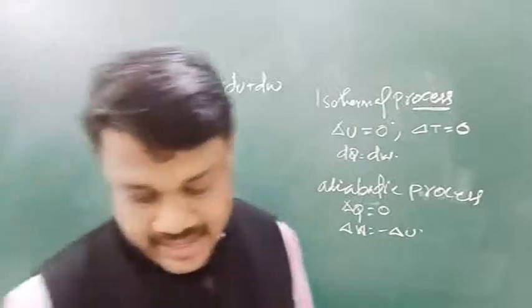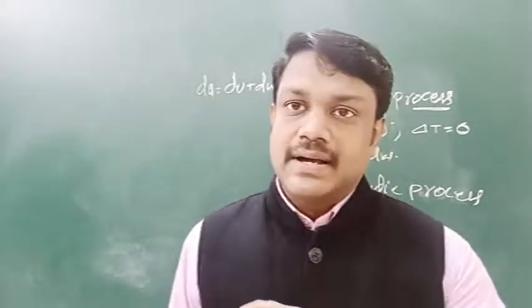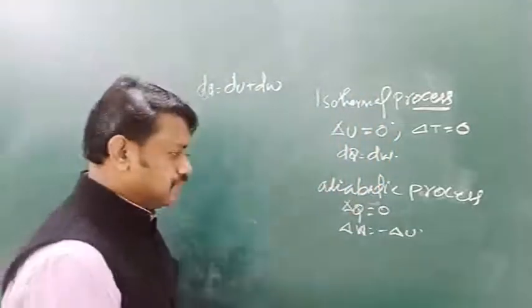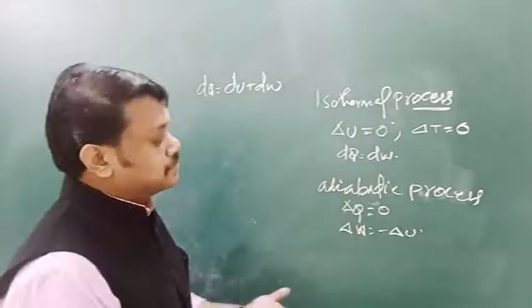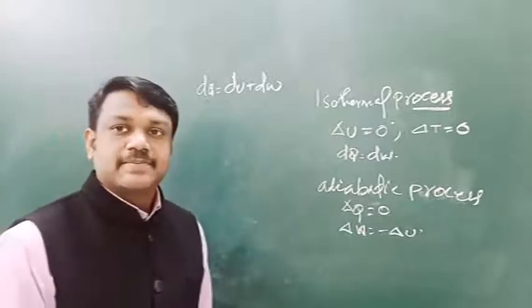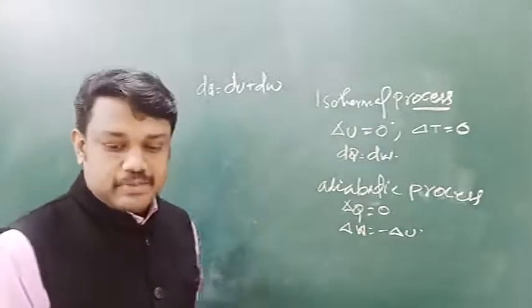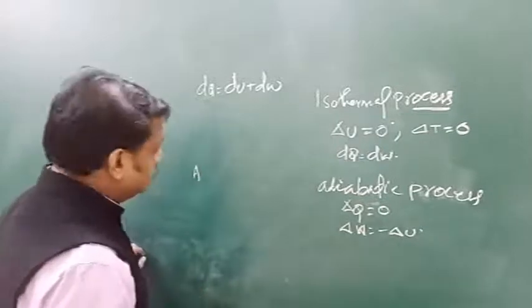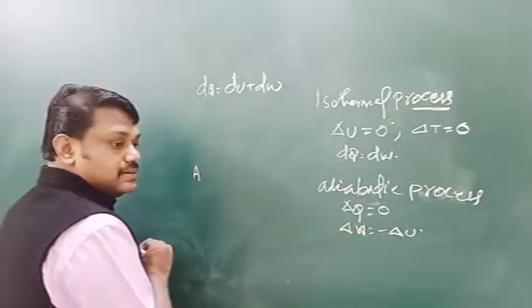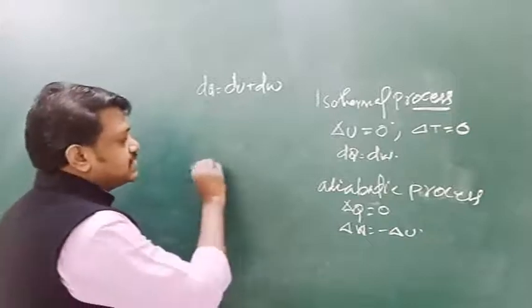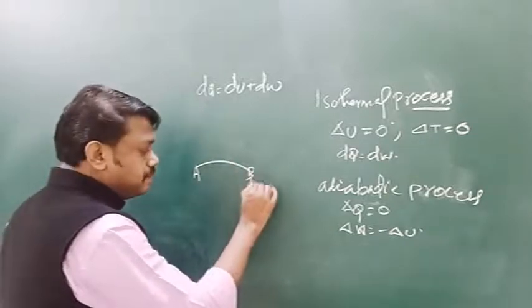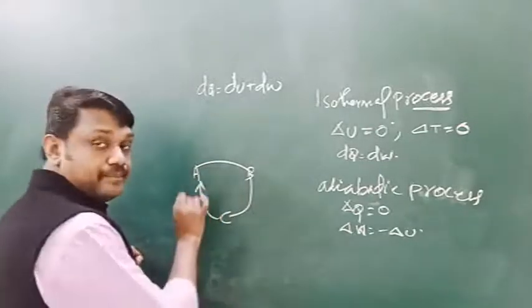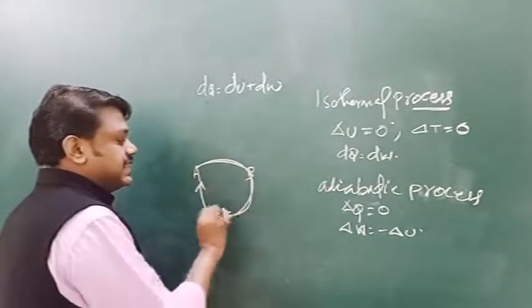Another one is the isobaric process. In an isobaric process, the pressure remains constant. Another one is the cyclic process. What is a cyclic process? A system is initially at state A and it changes to B, and from B it goes to C, and again comes back to A. This is a cyclic process.